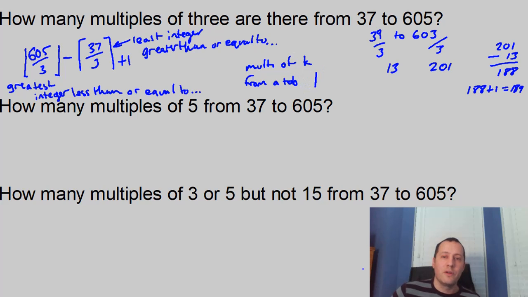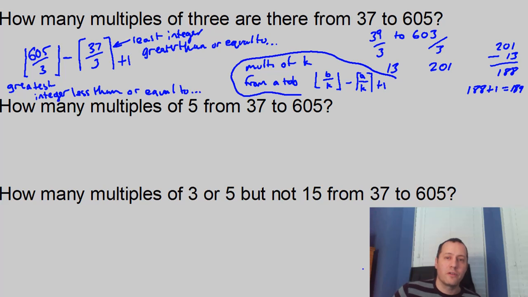We could do b divided by k and take the floor function, minus a divided by k and take the ceiling function, and then plus 1. That works.